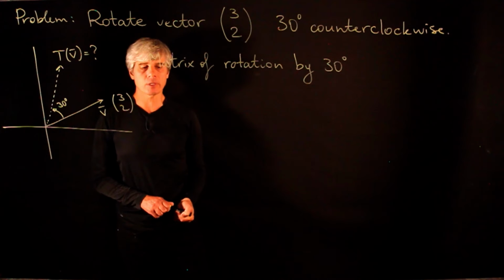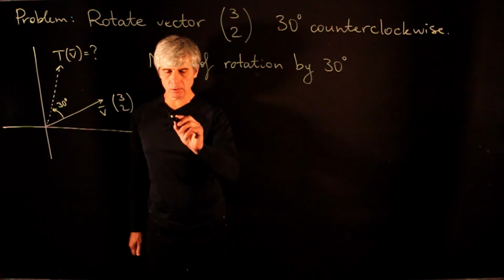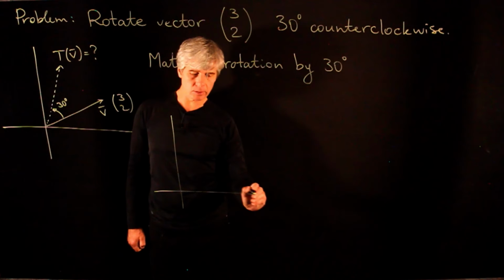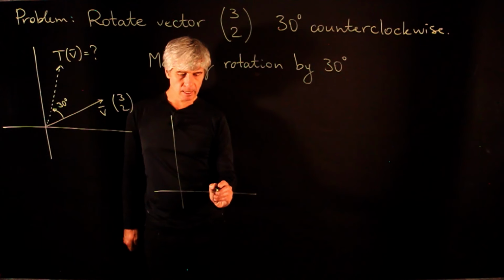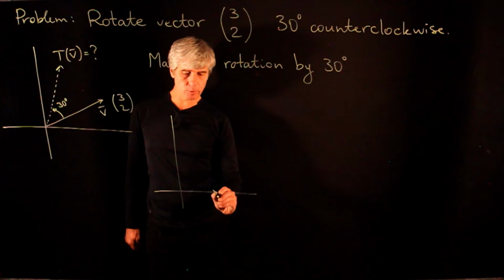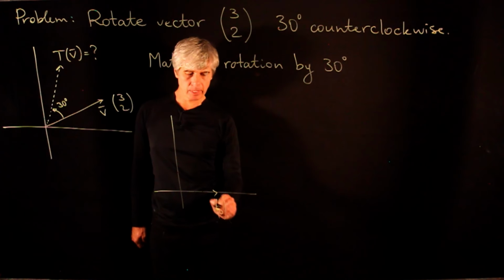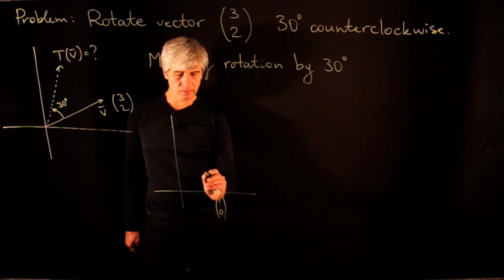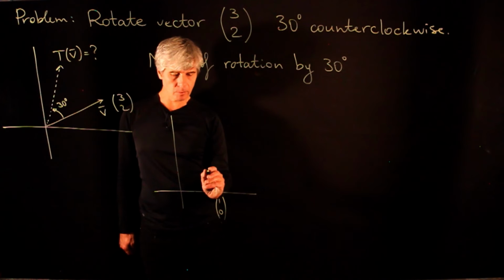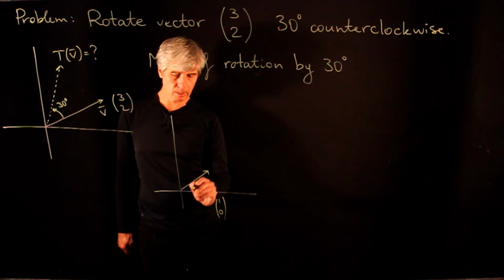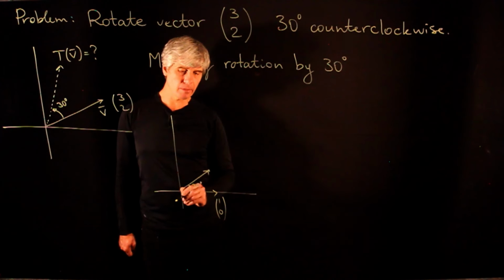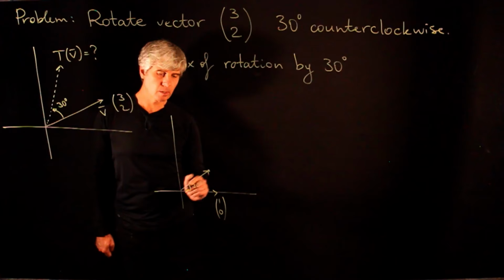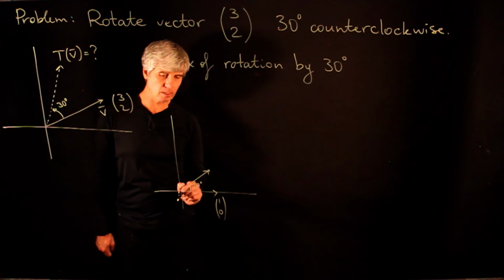So this means that we need to rotate basis vectors by 30 degrees. And so let's start with the first basis vector, (1, 0). So we want to rotate this vector by 30 degrees. So how do we find the coordinates of this vector here?